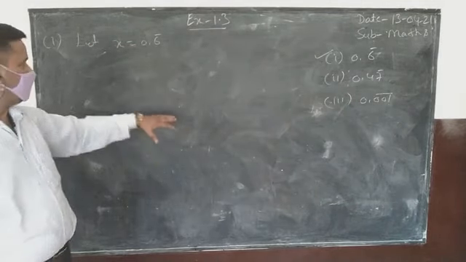Then we will write 10x minus x. Left side from left side, and right side from right side: 6.6 bar minus 0.6 bar.